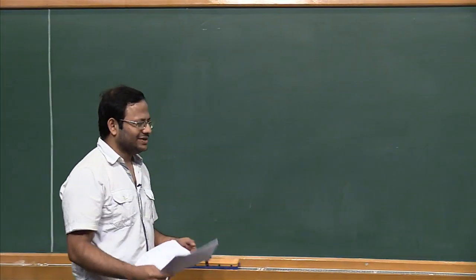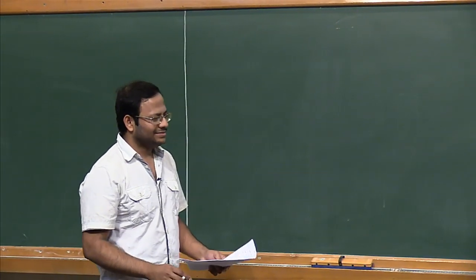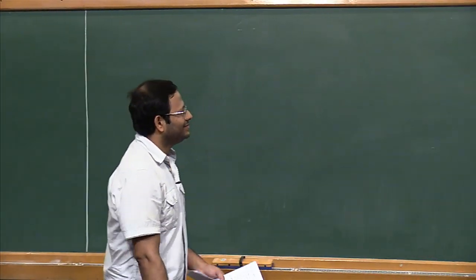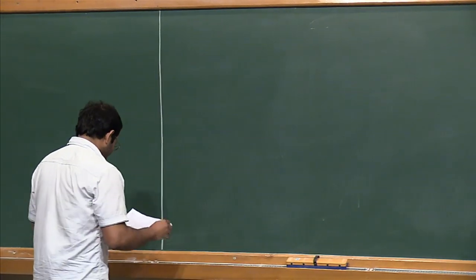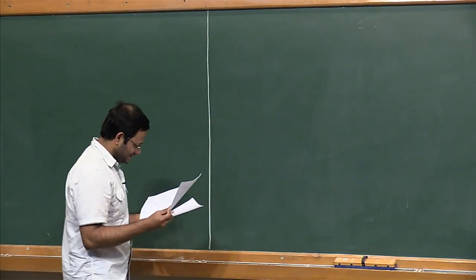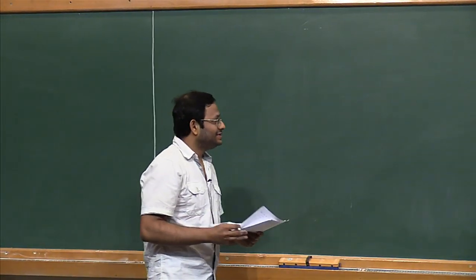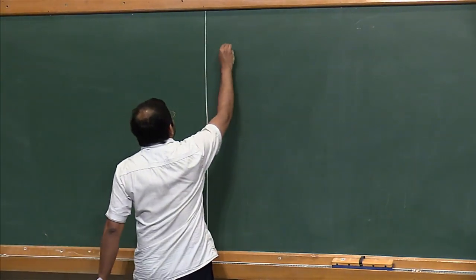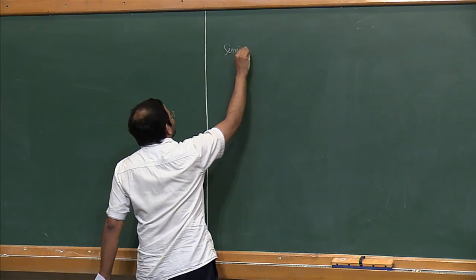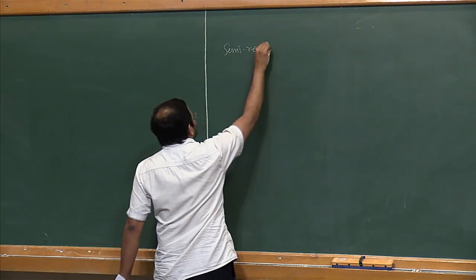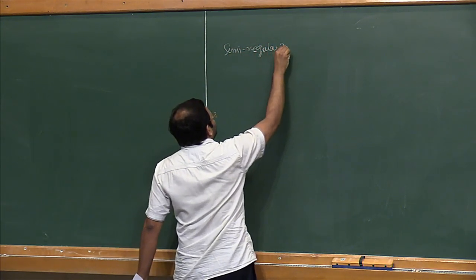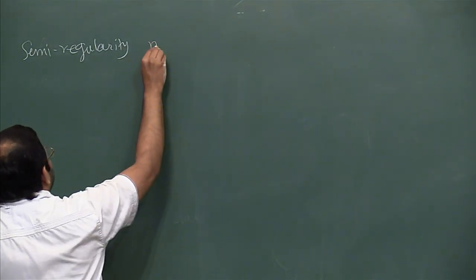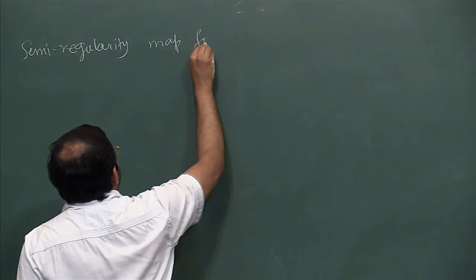It is a very strong property, and it is not if and only if. So let me try to recall what the semi-regularity map is. Let me first say what it is in the easy case. This is the classical case known after Kodaira-Spencer, the semi-regularity map for divisors.